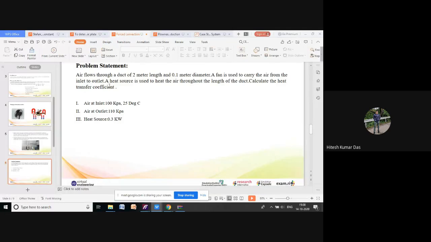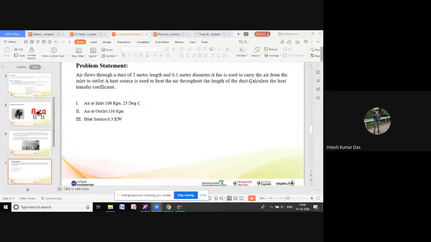Means for performing forced convection, here we have used a blower or fan to carry the air. A heat source is used to heat the air throughout the length of the duct. Means a constant heat flux we are using in one place to heat the duct.